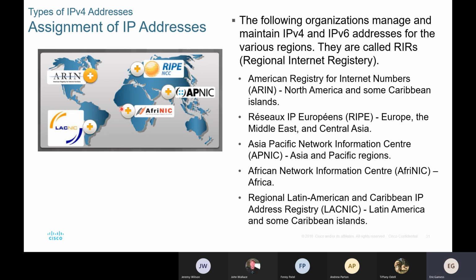Now, in Africa, we have AFRINIC, the African Network Information Center. So they have all the networking resources on the African continent. In Asia and the Pacific, we have the Asia Pacific Network Information Center, which controls all the Pacific islands like New Zealand, Australia, New Caledonia, Papua New Guinea, and all the part of the Asian continent like Japan, the 2 Koreas, Vietnam.